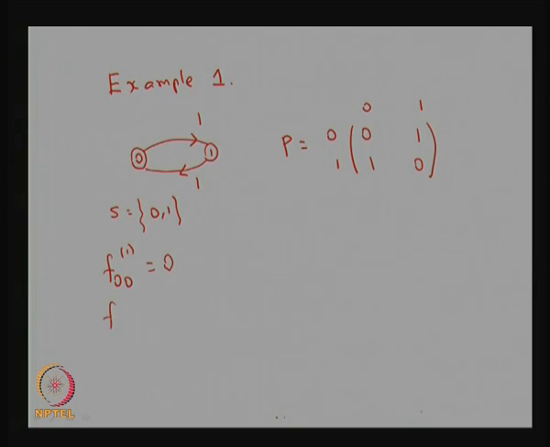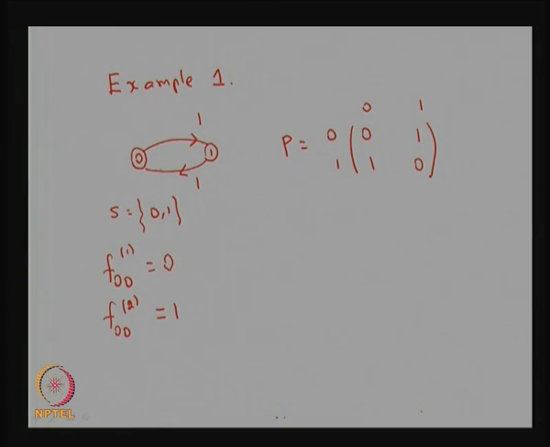If you try to find out F00 of 2, the first visit to state 0, given that it started in state 0, exactly in the second step it reaches state 0, that is possible, because by seeing the state transition diagram, you can make out that in the first step the system moves from state 0 to 1, and 1 to 0. It is possible to come back to the same state taking exactly 2 steps for the first time. Therefore, F00 of 2 is 1.